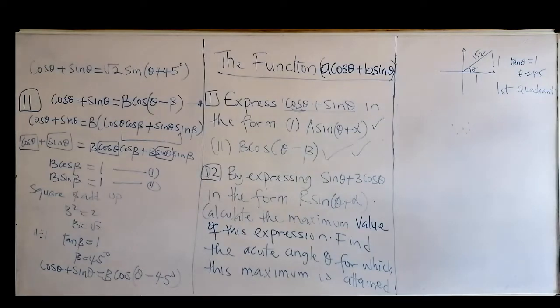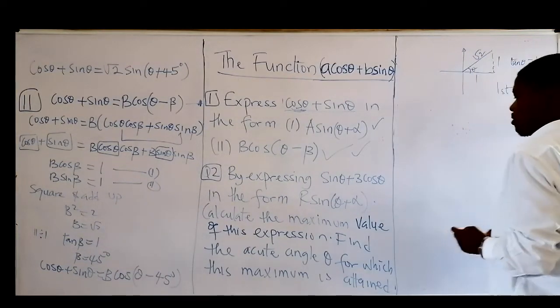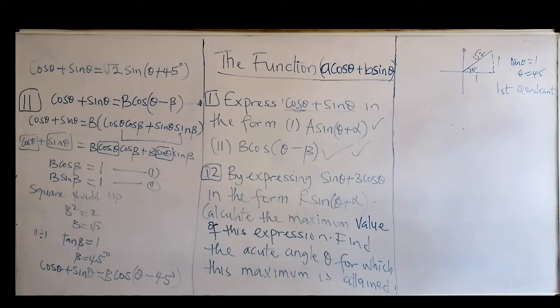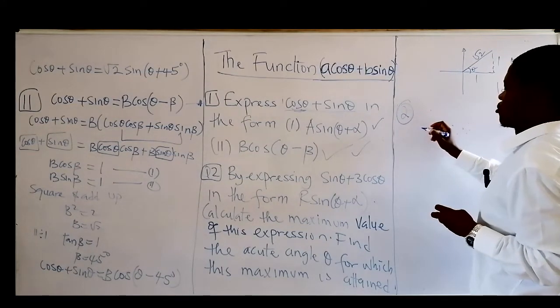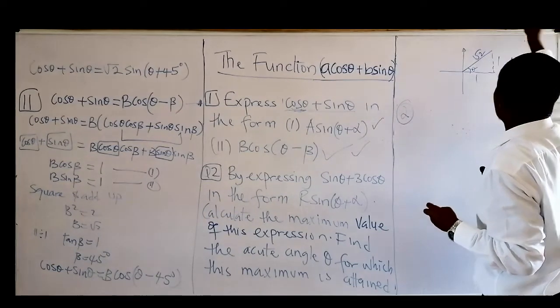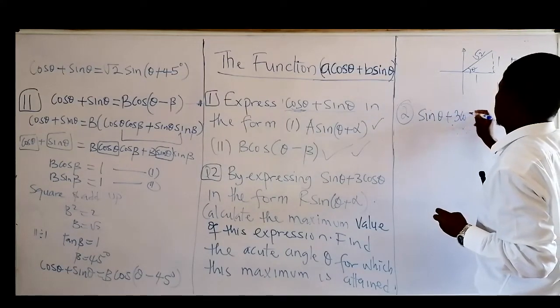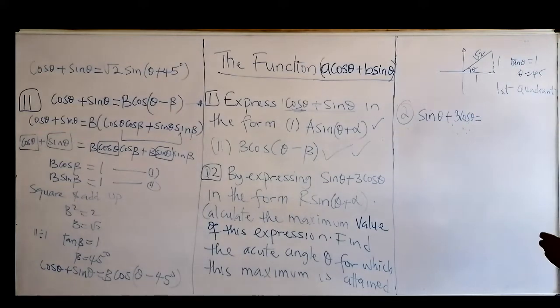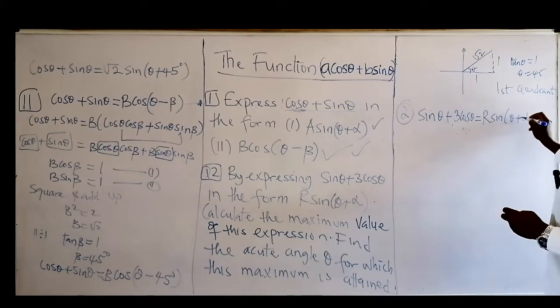Let's go to question 2. By expressing sine theta plus 3 cos theta in this form, calculate the maximum value of this expression and find the acute angle for which this maximum is attained. That will be sine theta plus 3 cos theta equals r sine(theta plus alpha).